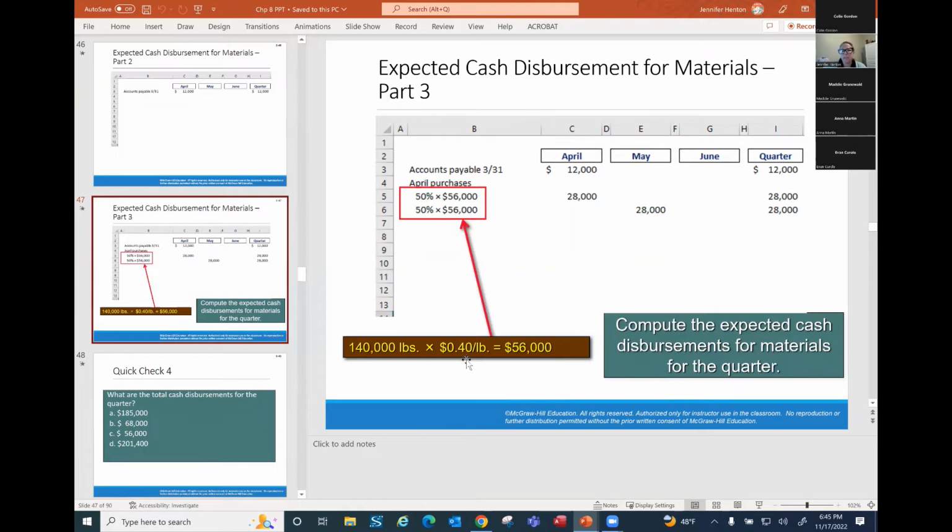It's 40 cents per pound. So that gives me $56,000 that it's going to cost in total for the whole 140,000 pounds. But remember, the information that was given to us was that we were only going to pay half of it in the month that we purchase it and the other half in the next month. So we're going to split the 56,000 into 2 months. So you have 28,000 in April and 28,000 in May.